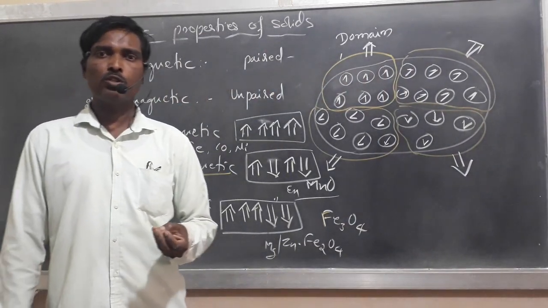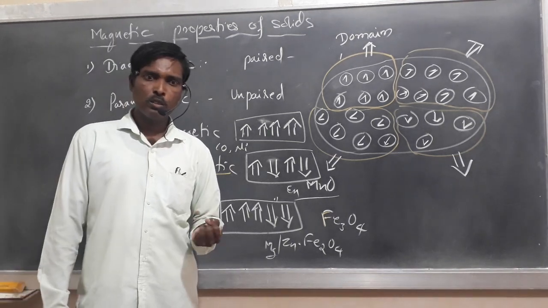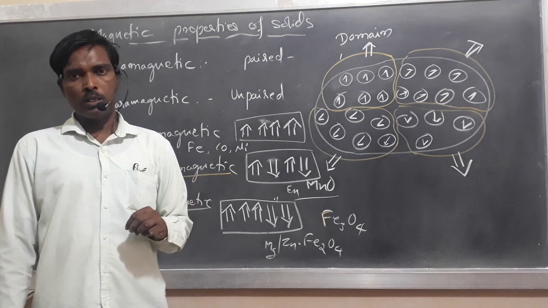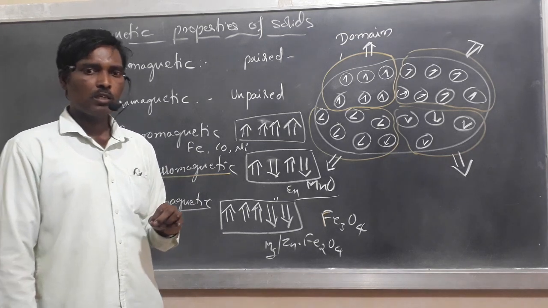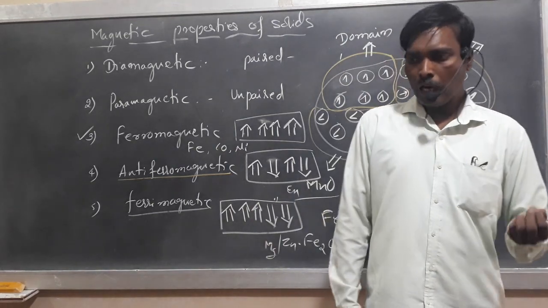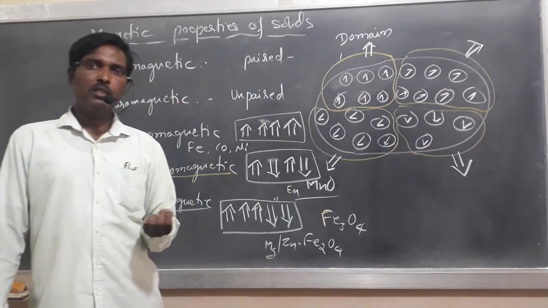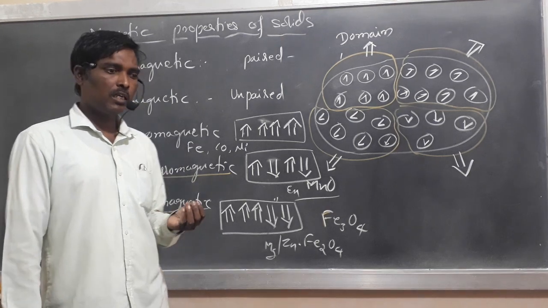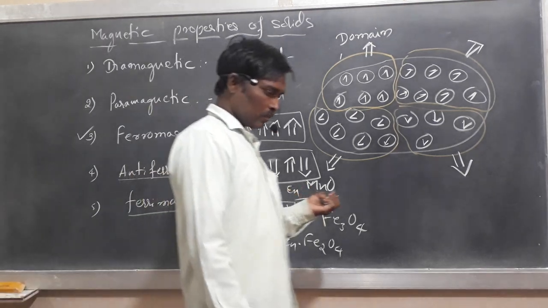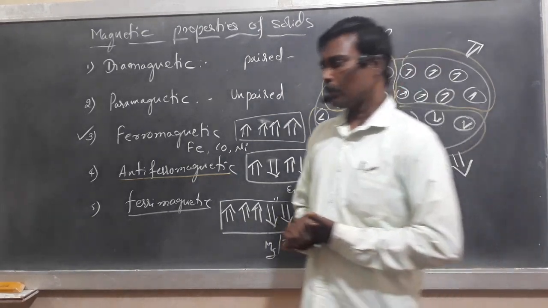We also saw numericals to calculate the formula of a compound, just by knowing the position of atoms in a unit cell. And we saw numericals based on the edge length and the relation between the edge length and the radius of the sphere.